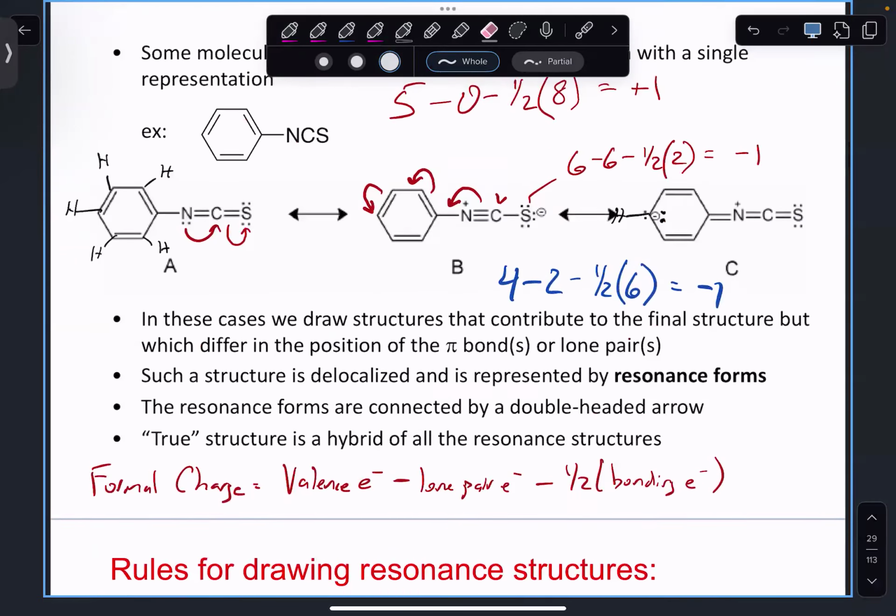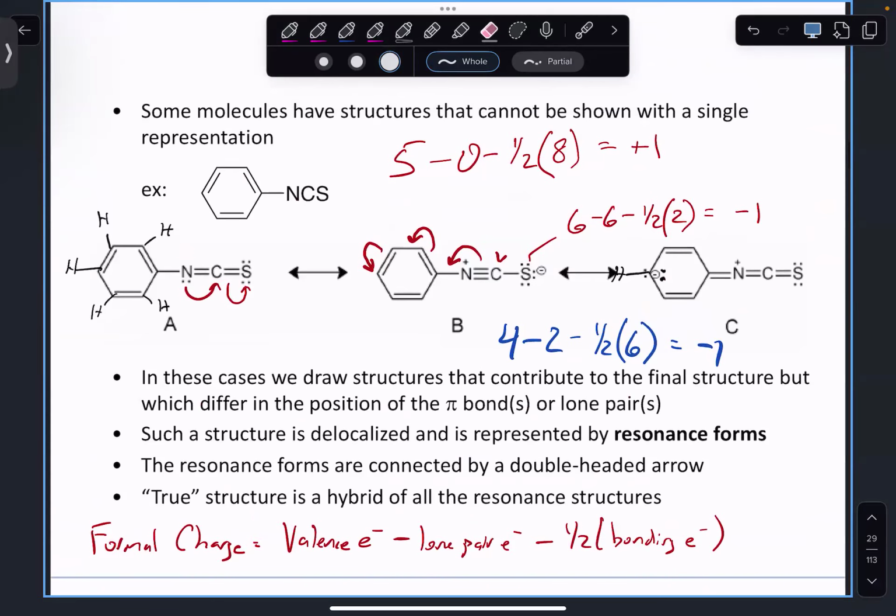Oh, by the way, before we do, one point that I should make: not all resonance forms are created equal. What do I mean by that? Well, I already told you that this species exists as a blending of those three, as a resonance hybrid.